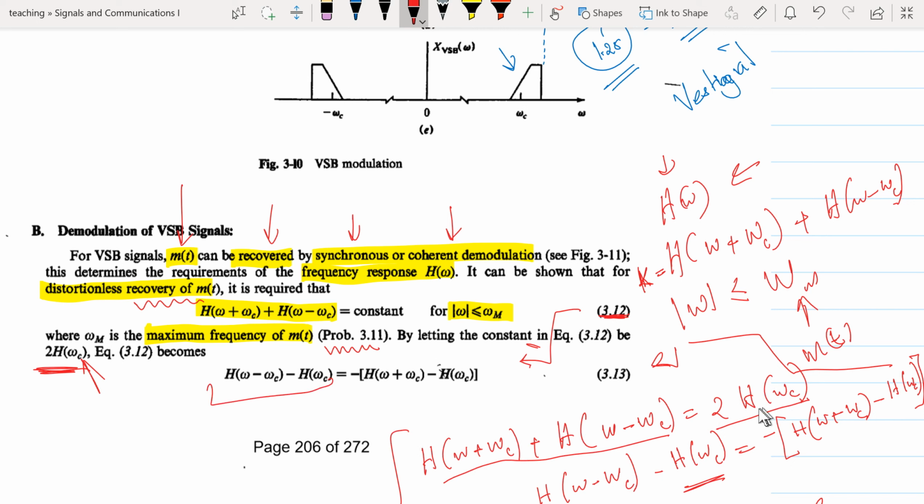Then if this remains and you take the H(omega plus omega c) to the right, it becomes negative. But then of course this will be plus. This is equivalent to saying negative times negative becomes plus. So this is how we obtain equation 3.13 simply by that simple manipulation of equation 3.12 after equating it with this term.